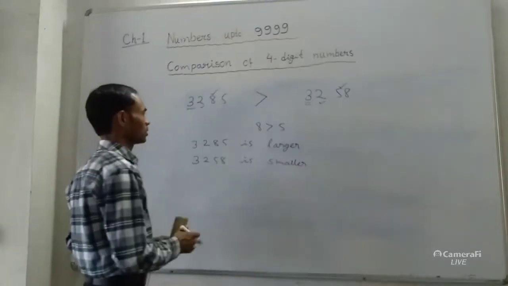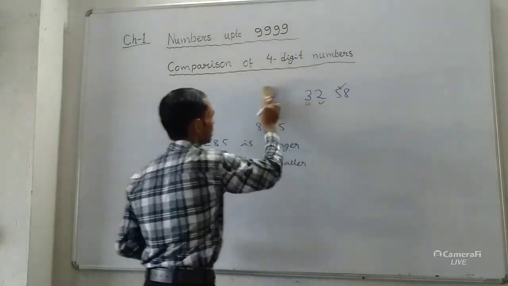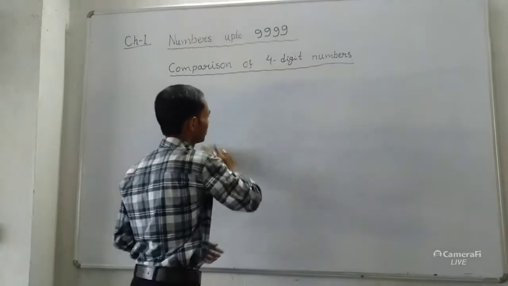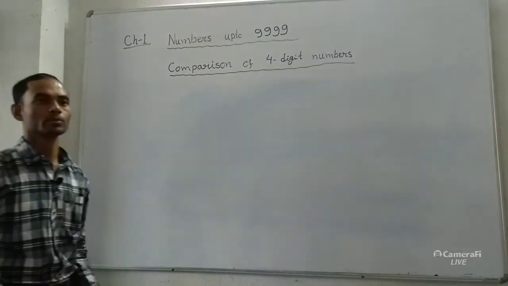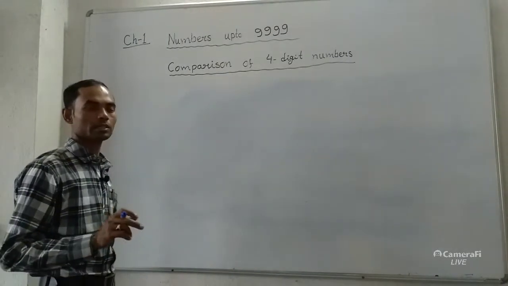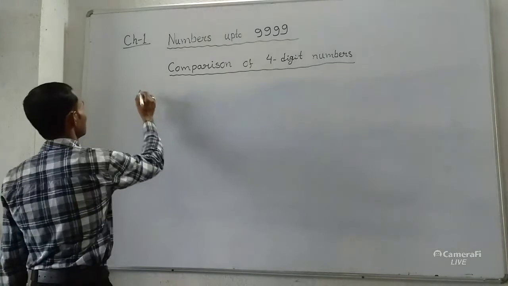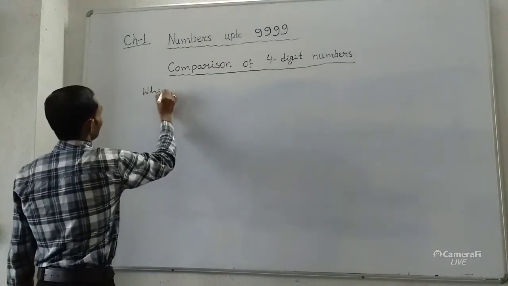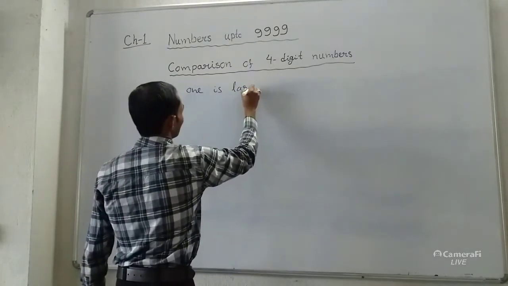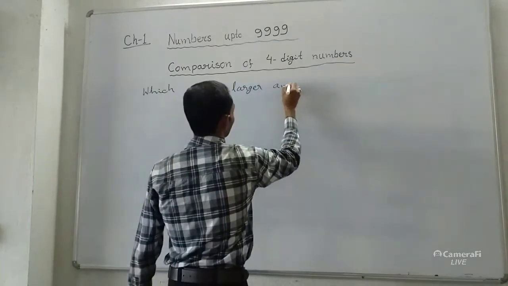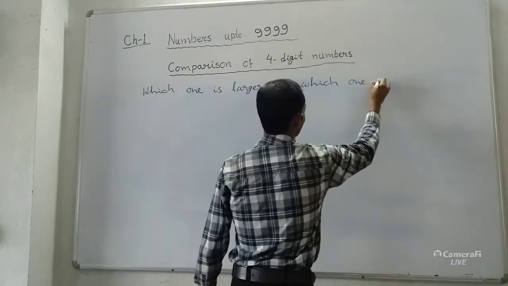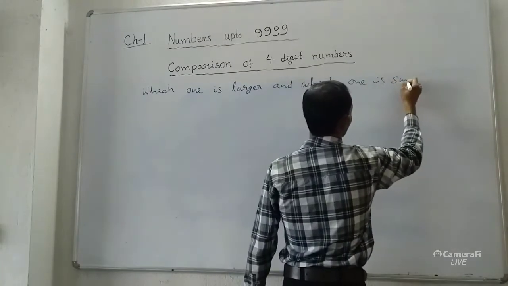Now suppose the question is given that you have to check the larger one and smaller one among more than two numbers. Suppose I am taking 3 numbers. You have to say which one is larger and which one is smaller. So the question is, which one is larger and which one is smaller?